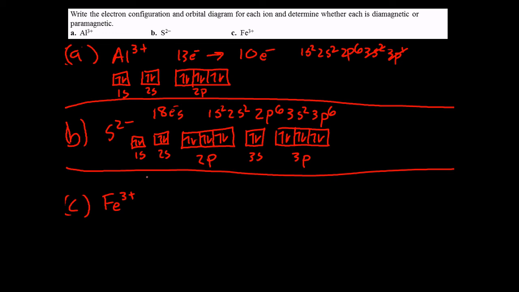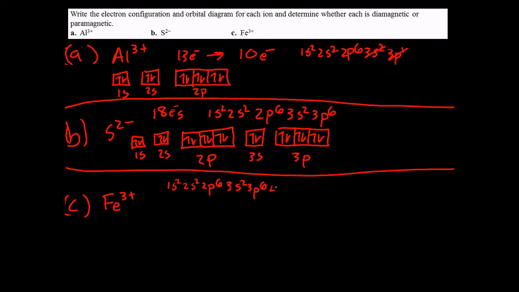Iron 3 plus. Iron is element number 26. I'm going to go ahead and write the electron configuration for regular iron. So we'll have 1s2, 2s2, 2p6, 3s2, 3p6. What's after 3p?